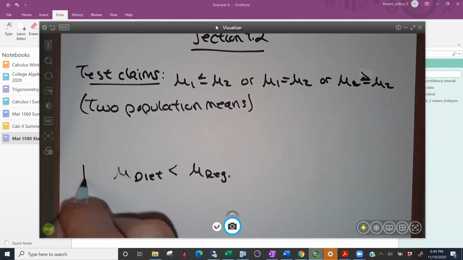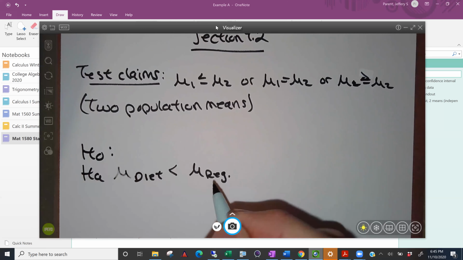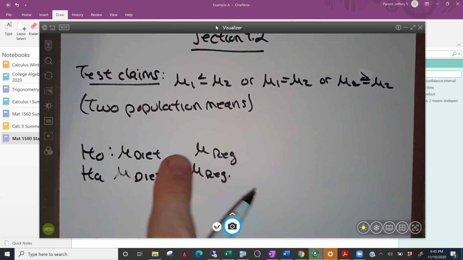No. So that has to be part of the alternative. So if this is the alternative, what would be in the null? Greater than or equal to? Yeah, greater than or equal to. Awesome. Thank you.